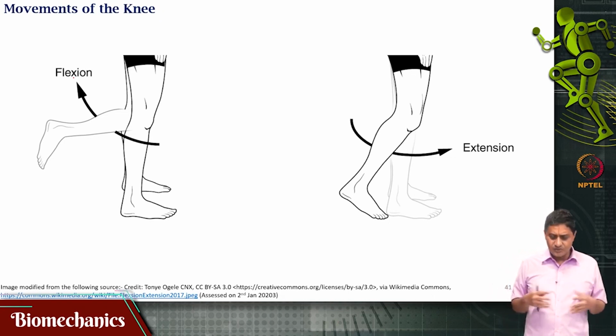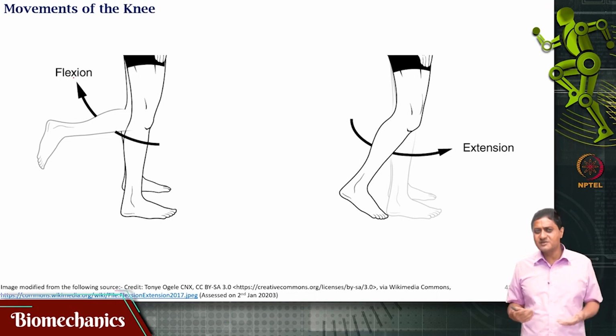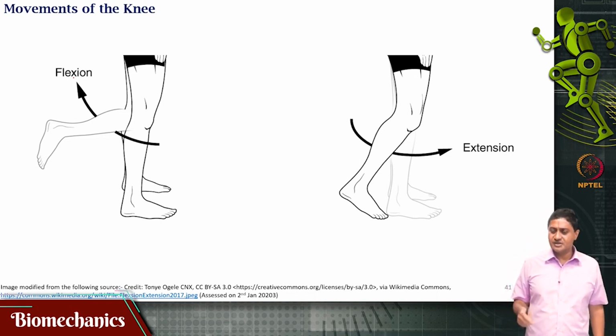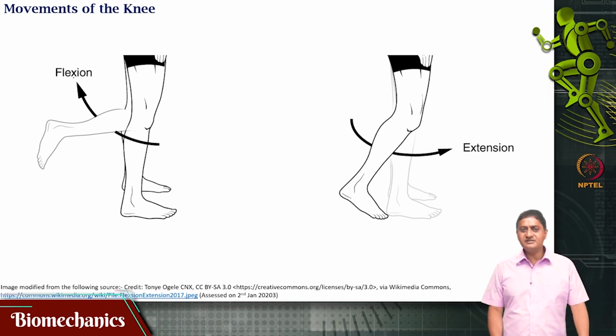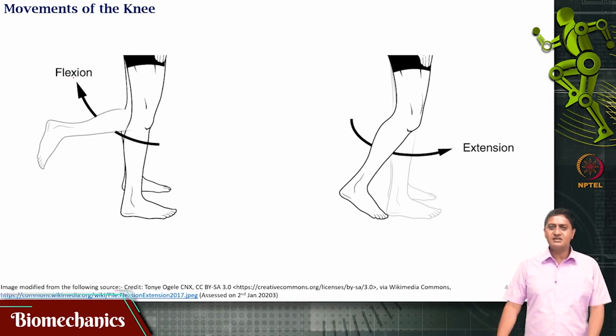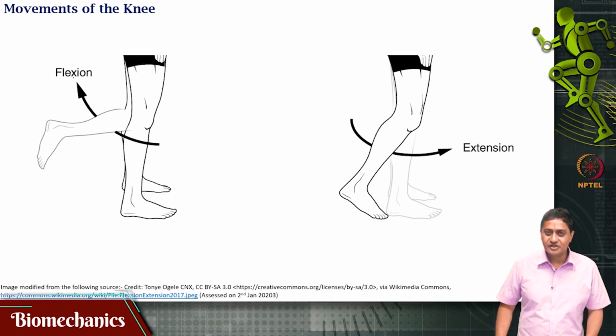So, what are the movements at the knee joint? At the knee joint, only 2 movements are possible, or of interest, essentially flexion and extension. Actually, when compared with the elbow joint, the knee joint is not a perfect or faithful hinge joint, so to speak.